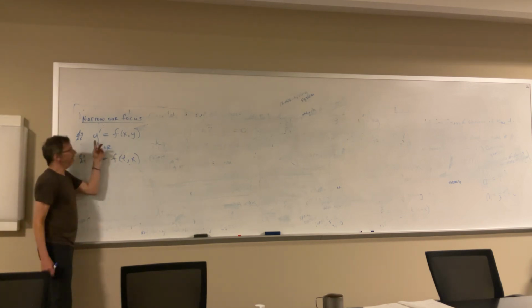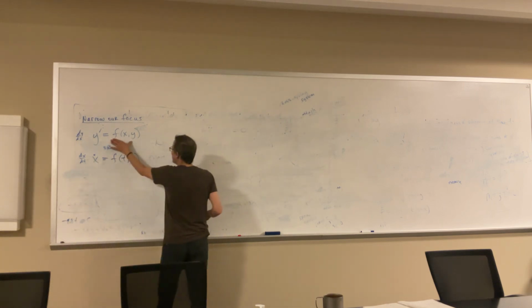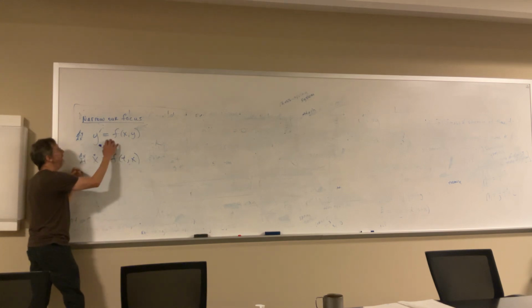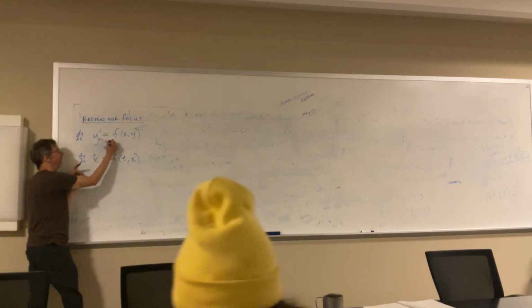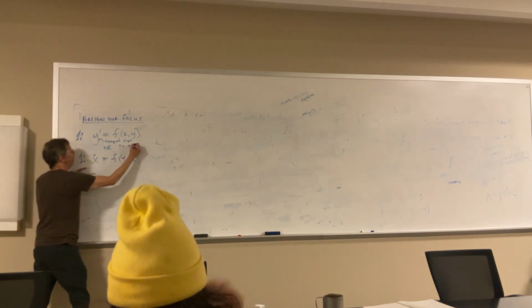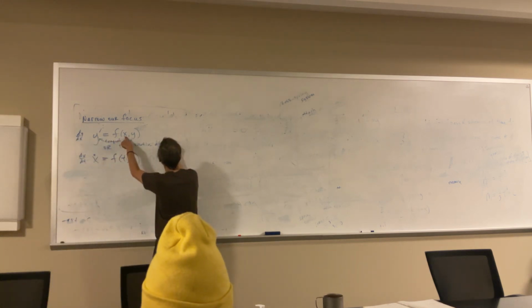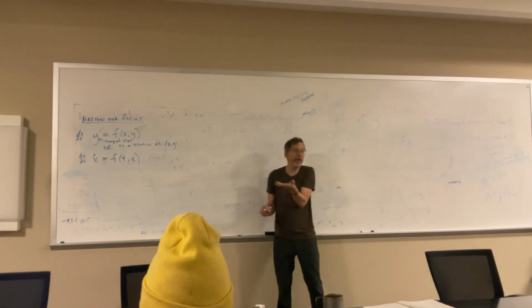I want you to really understand what this means. It means the solution to this thing has the following relationship: I can find the tangent slope to a solution at any point x, y. This is the formula for giving you the slope of the tangent at any point.